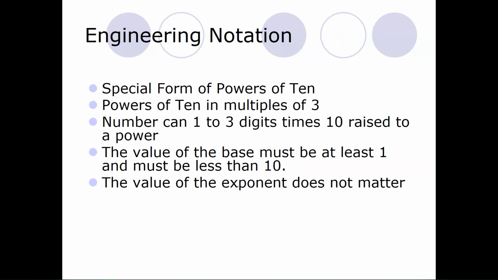So this is a special form of powers of 10 and moves in multiples of 3. So once you get to every comma in your number, let's say I've got 2, 5, 7, 4, 6, 0, 0, 0. So this moves by the power of 3. So it moves with your comma.